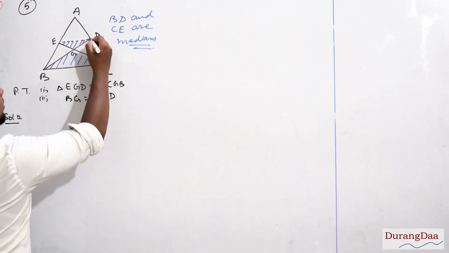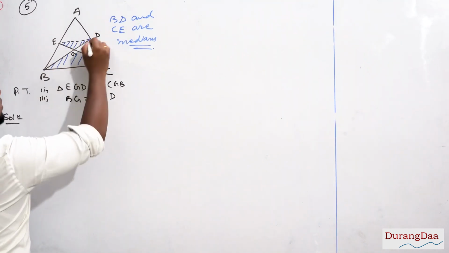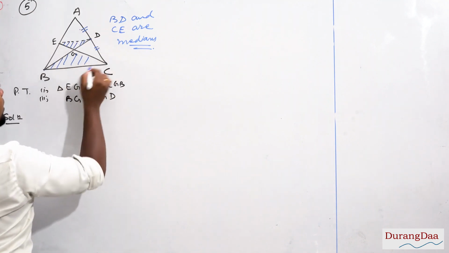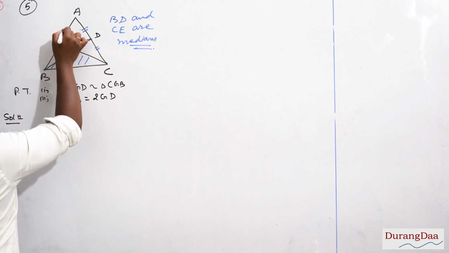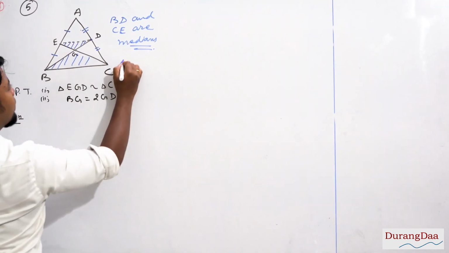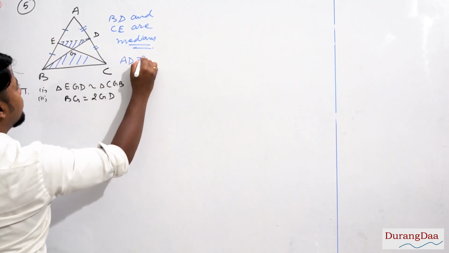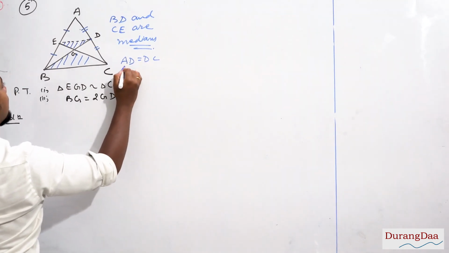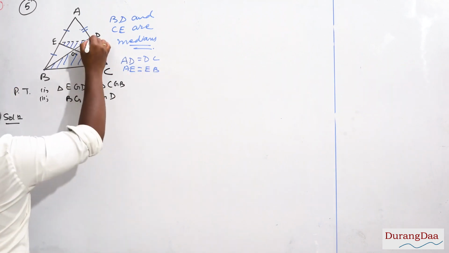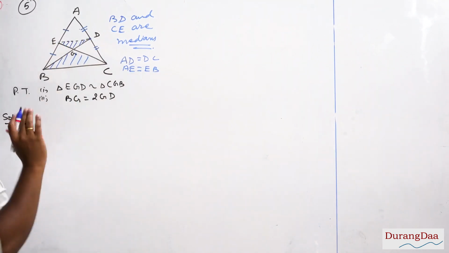That means point D here, BD is the median, point D is dividing this side into 2 equal halves. Same way this line CE is dividing again this side into 2 equal halves. That means we can write here AD equals to DC and AE equals to EB, because D and E are the midpoints.